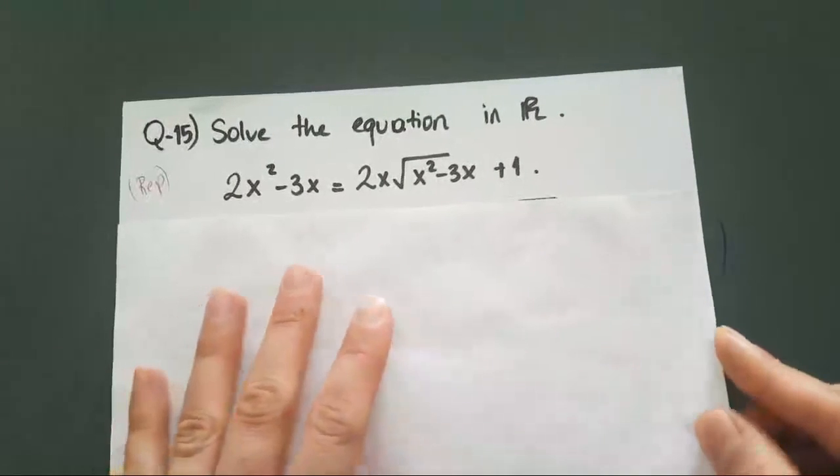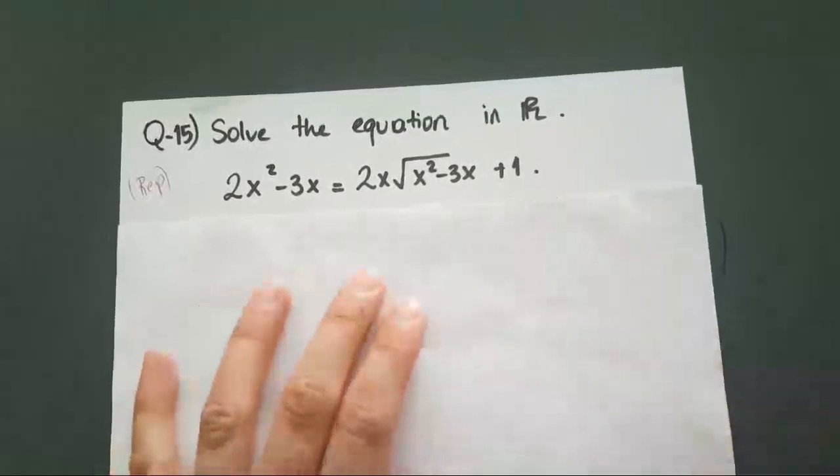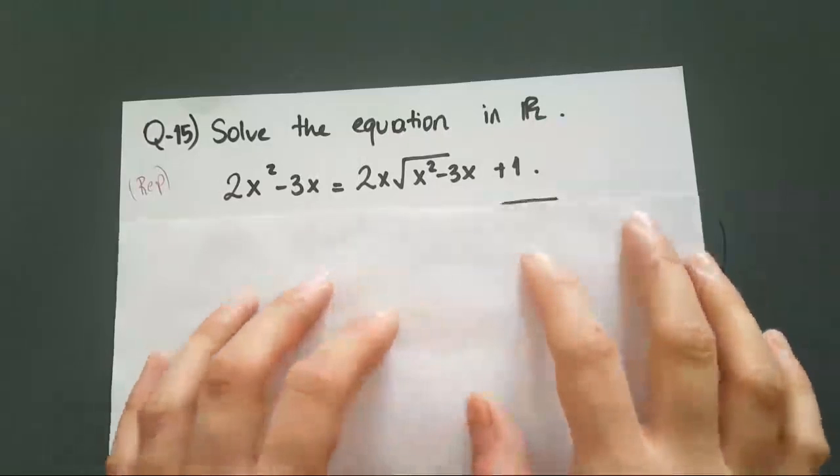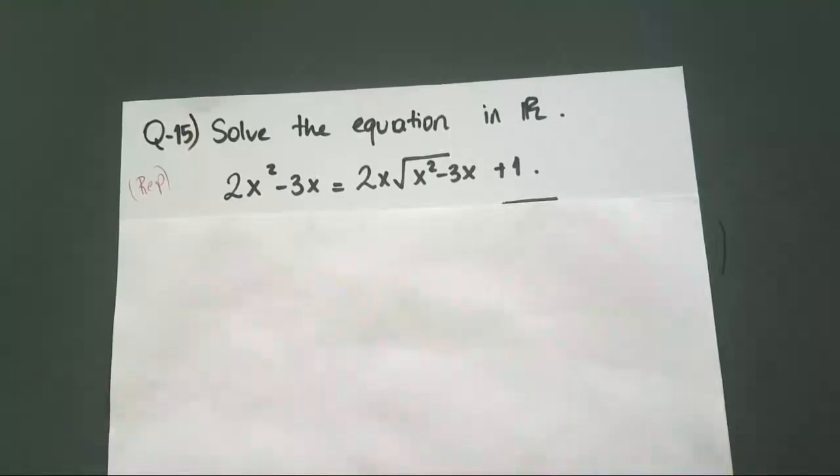Another republic problem. Solve the equation in the set of real numbers. 2x squared minus 3x is equal to 2x times the square root of x squared minus 3x plus 1.